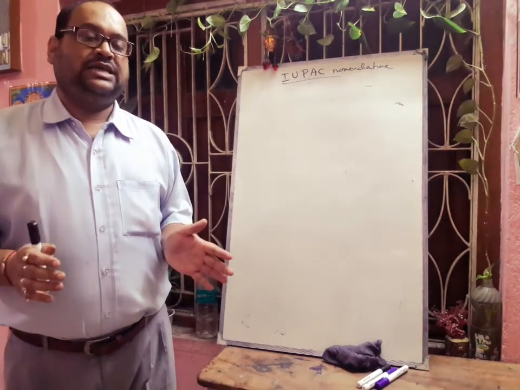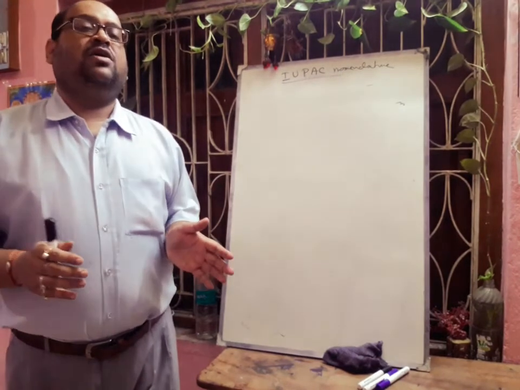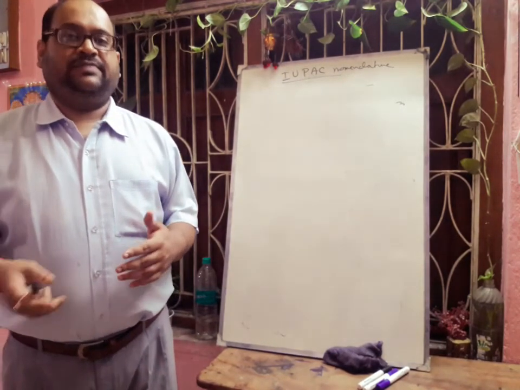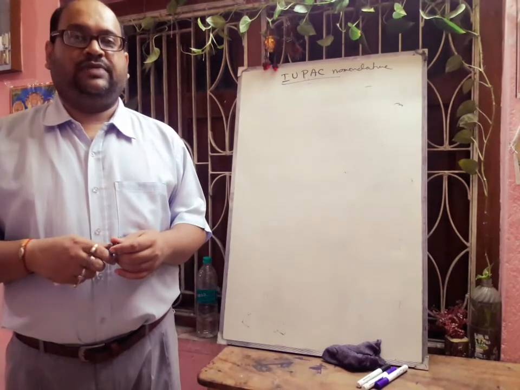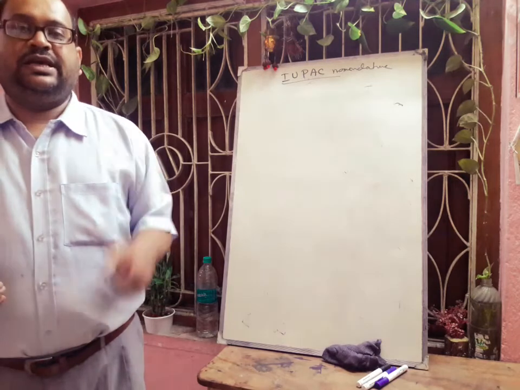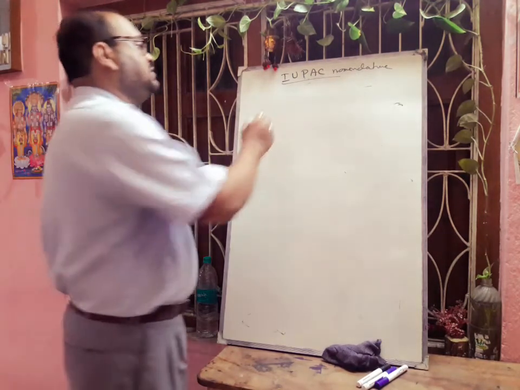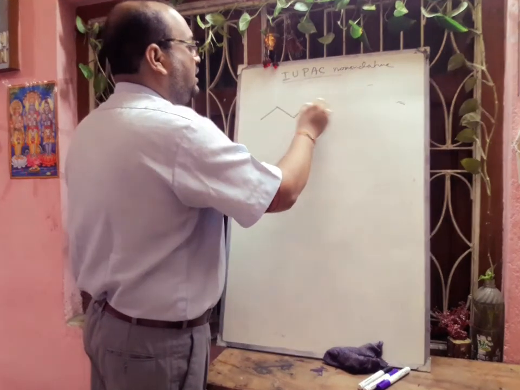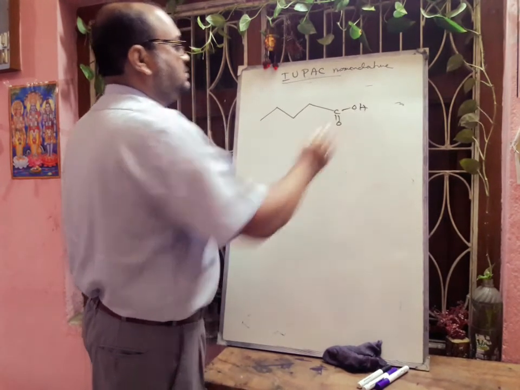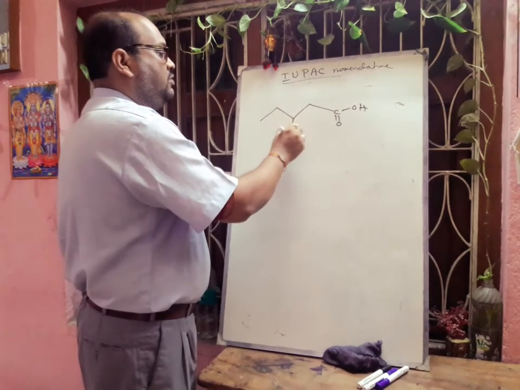We will discuss the nomenclature of alkane, and unsaturated compounds, alkene, alkyne. Then we will go to the functional groups step by step. Then you will be able to understand in a better way. Now for today's discussion, finally we are giving one example so that you can easily understand. Suppose I am writing one example. Here we are putting chlorine.